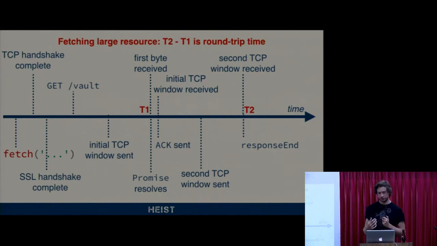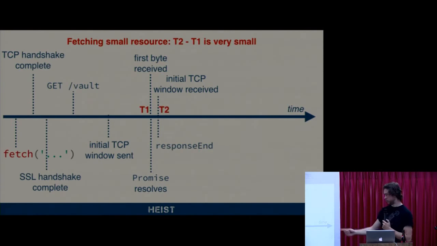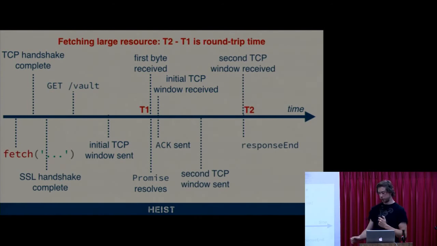And when Mr. Sniffles receives this second TCP window containing all the rest of the response, this will be T2. So if you compare with the previous one, the difference between T1 and T2 is very small, whereas in this one there's a complete round trip between Mr. Sniffles and Bunnybank between T1 and T2. So it's very easy for the attacker to determine whether it was in a single TCP window or not.